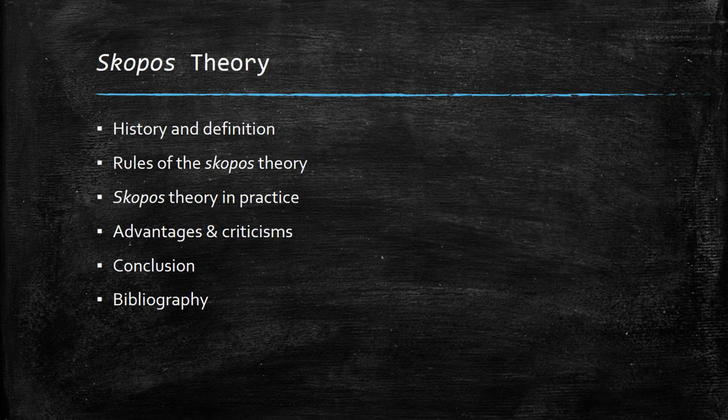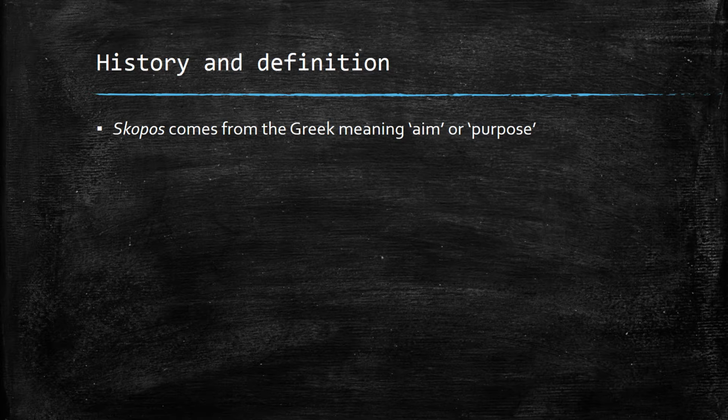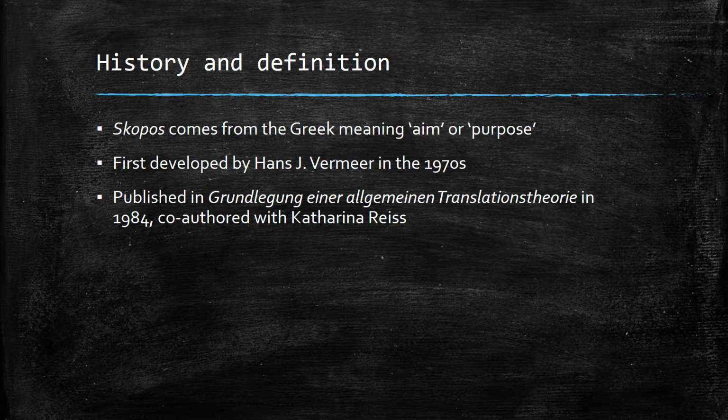In order to look at the history of the Skopos theory, we need to look at a definition of the word skopos. Skopos comes from the Greek meaning aim or purpose. It was first developed by Hans Vermeer in the 1970s, and it was then published in the book Grundlegung einer allgemeinen Transaktionstheorie in 1984, which was co-authored with Katharina Reiss.